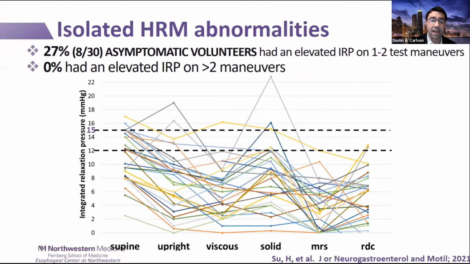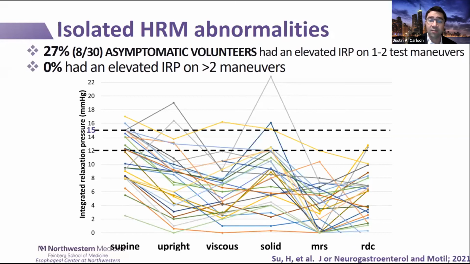And when we used an extended protocol that used supine swallows, upright swallows, viscous swallows, solid swallows, multiple rapid swallow, and the rapid drink challenge, we saw that over a quarter of these patients had some elevated IRP values across these maneuvers. However, none of the patients had an elevated IRP on more than 2 maneuvers.